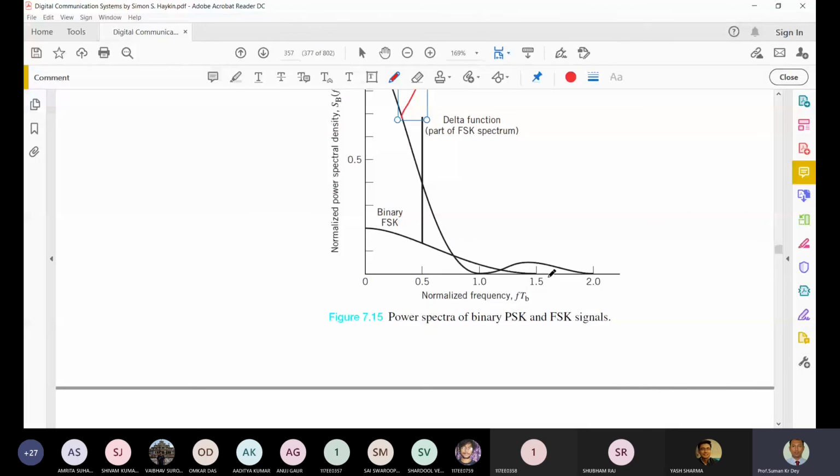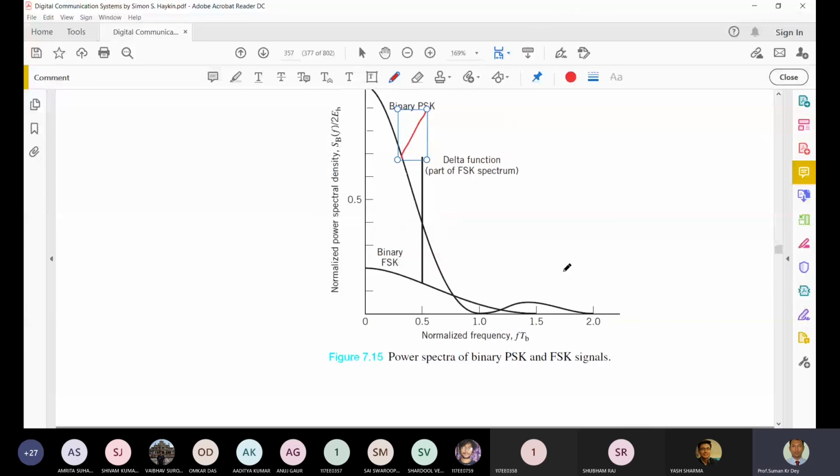It is normalized with Tb, f Tb. Normally a sinc function goes down like this, but when we do the squaring, it will always be on the positive side.